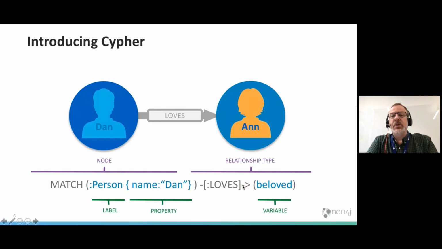You have a dash at either end of the square braces, and that would tell the database that you want to match the relationship in either direction. So a bit of a whistle-stop tour, but hopefully as we get into the demo, anyone who's not as familiar with Cypher or hasn't used Neo4j before, this will give you a basic level of understanding of what we're going to be looking at.